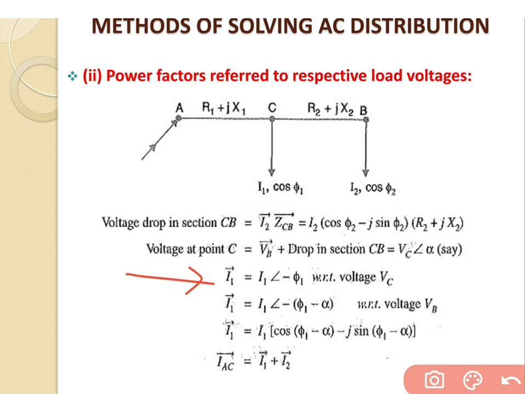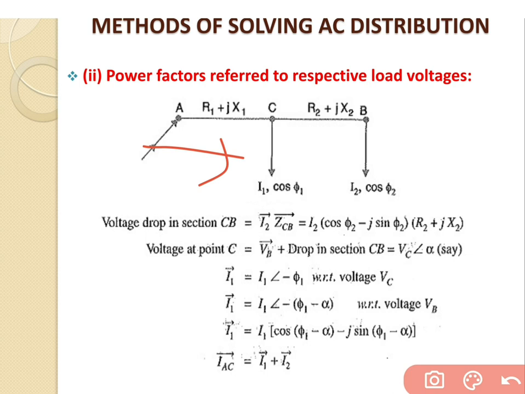Same way, I1 has the angle minus phi 1 minus alpha. I1 is equal to I1 in the bracket (cos of phi 1 minus alpha minus j sin of phi 1 minus alpha), and IAC is equal to I1 plus I2, that is the total current flowing from the AC section.